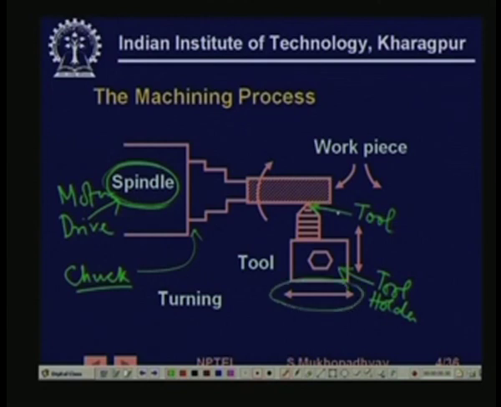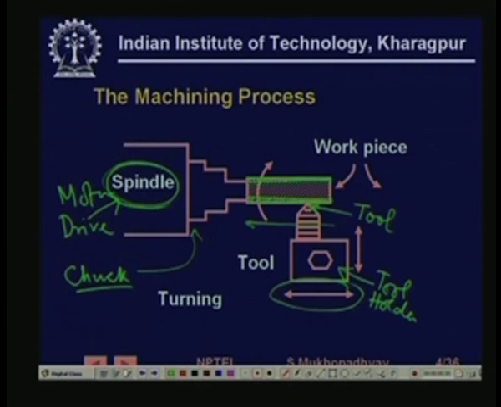So, for example it can be used to reduce the diameter of the workpiece. So, as this thing rotates and the tool moves from this end to that end with a certain degree of penetration, this much of metal will be removed from both sides.